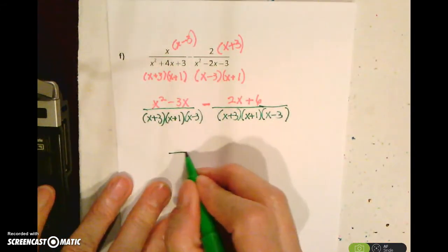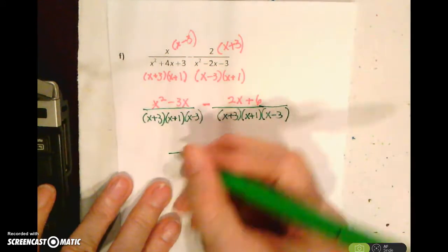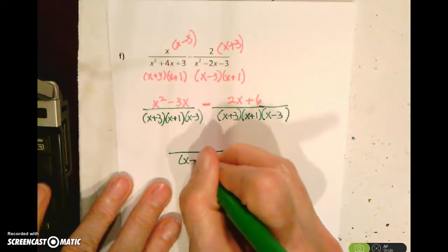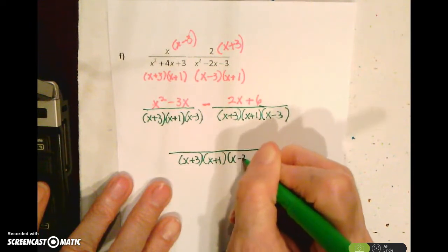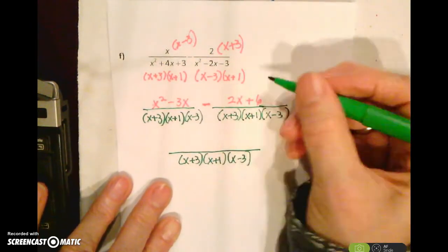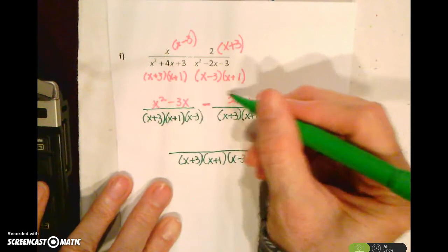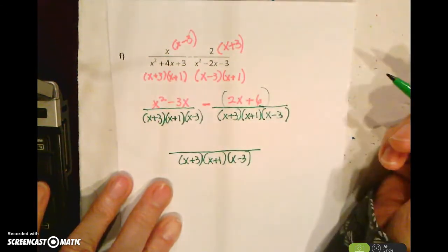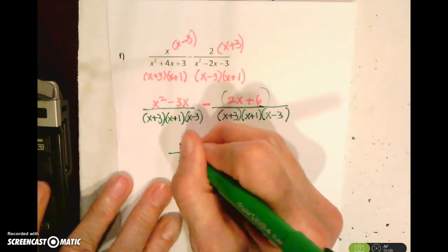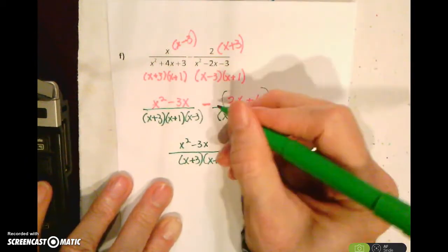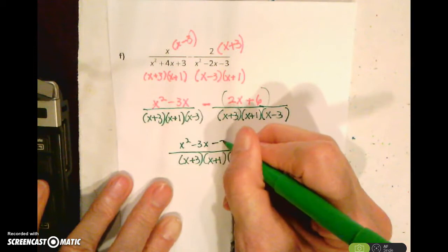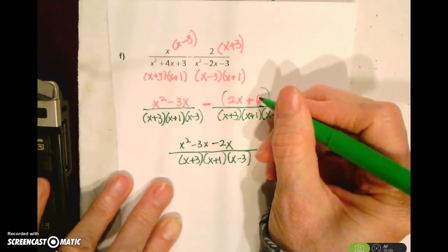All right, so now recall that when I'm doing this subtraction, I'll write all my numerators down here over my denominators. Remember that when I'm subtracting, I'm going to subtract my entire numerator right after it. So I'm going to have x squared minus 3x, and I'm going to then do minus 2x and minus 6.